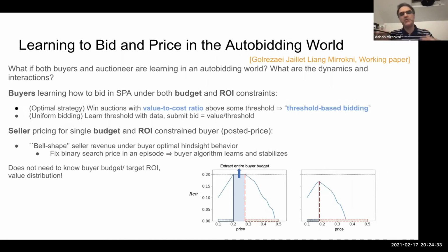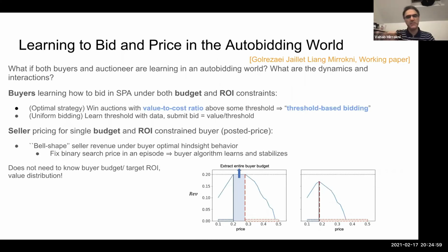That is actually an optimal bidding strategy with low regret. But now under this type of strategy and a set of strategies that have low regret and generalize this, we can show that the seller's optimal pricing strategy follows a good bell-shaped structure.